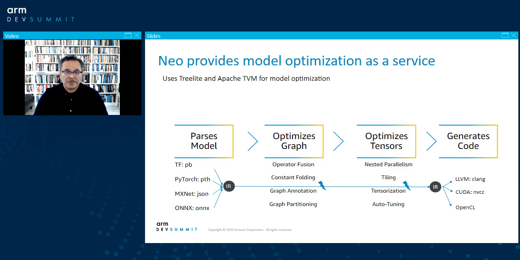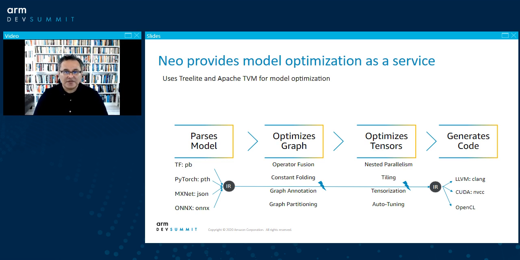A large part of that involves significant model analysis, but also hardware-aware optimizations such as tiling and tensorization. One of the most interesting things about the compiler here is that the entire project from the Neo service team is a part of an open source effort.